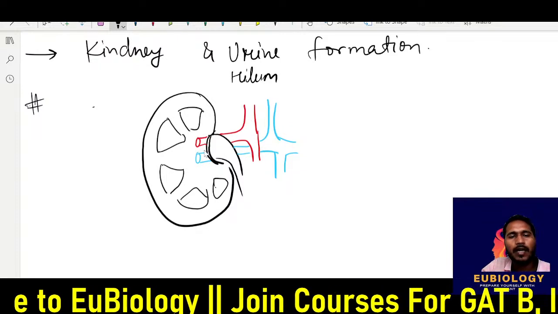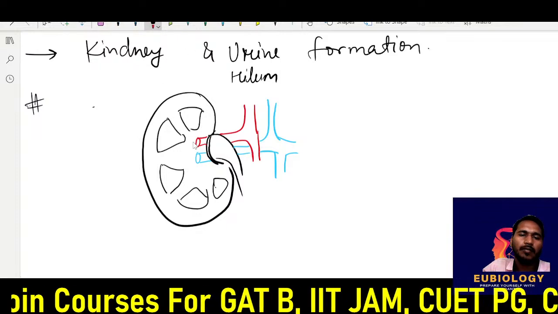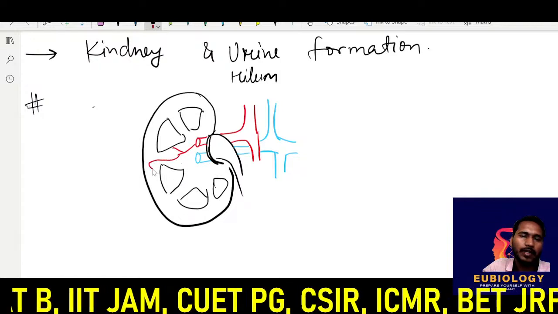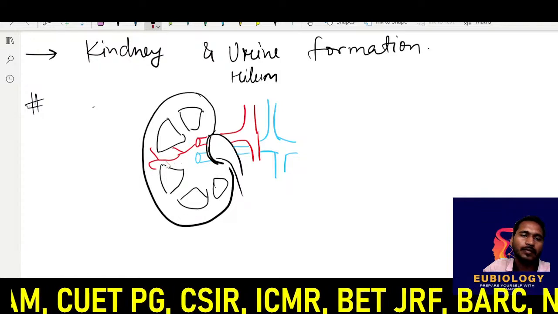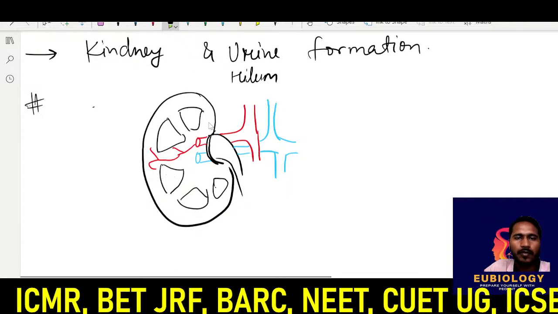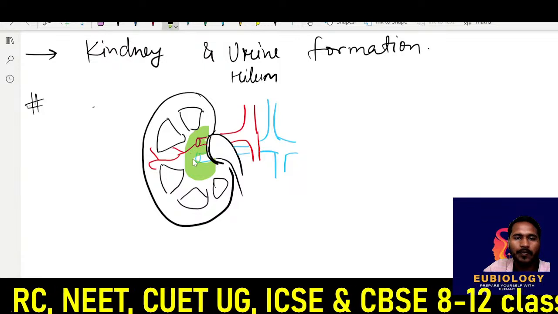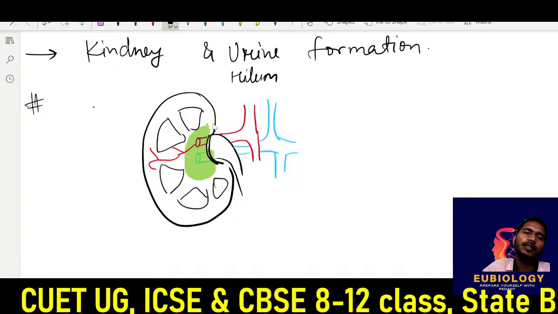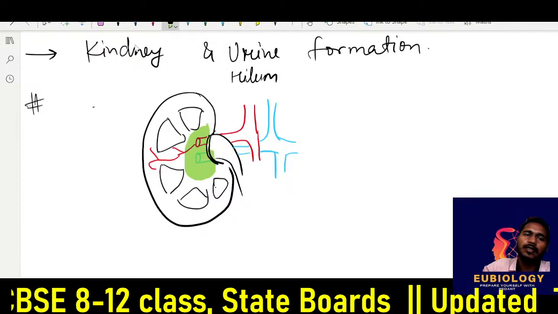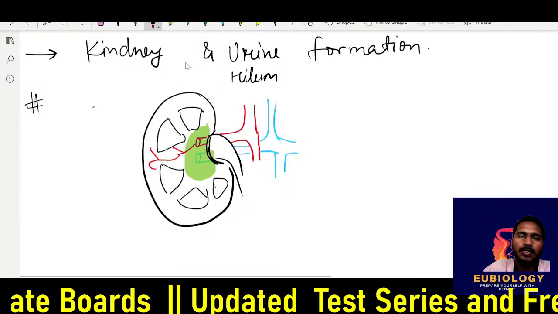If you see, these arteries and veins are entering, and these arteries will break into so many arterioles, and finally it will go inside from this wide region. And this wide region, this green color region, is called the pelvis. And from this wide region, it will go to the major calyxes.